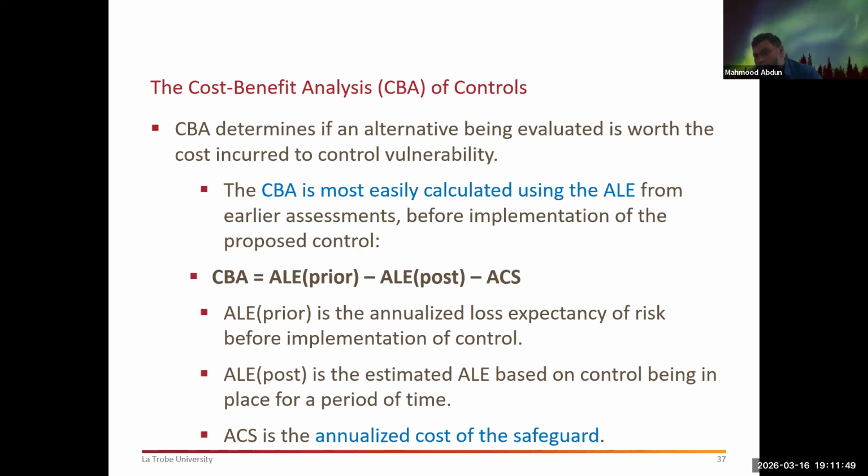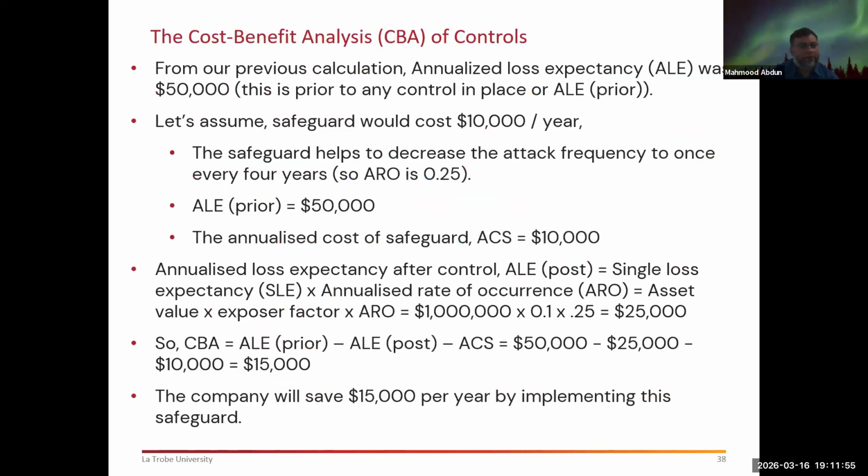Sunil asks, how is ALE post calculated, can you say it once? Oh, ALE post. Yeah. So look at this example again. This is your ALE post. ALE post in this particular circumstance is because of a reduced ARO. The annual rate of occurrence, instead of being 0.5, once every 2 years, now happens once every 4 years. Therefore, it's 0.25. And that resulted in a reduced impact.